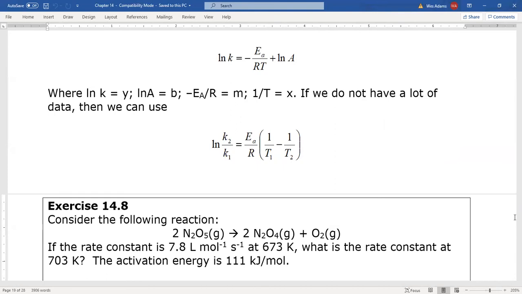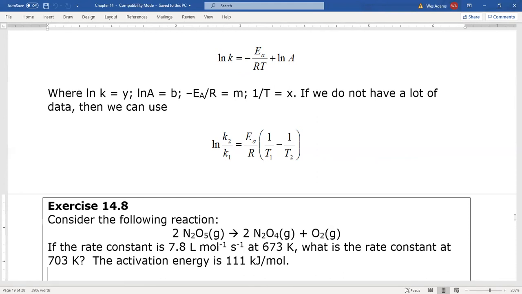The rate constant K is equal to 7.8 liters per mole per second, and we'll call that K1, at temperature 673 Kelvin, which we'll call T1. What is the rate constant at 703 Kelvin? That'll be T2. Then we'll solve for K2 with an activation energy EA of 111 kilojoules per mole. And remember, our R constant was 8.314 joules per Kelvin mole.